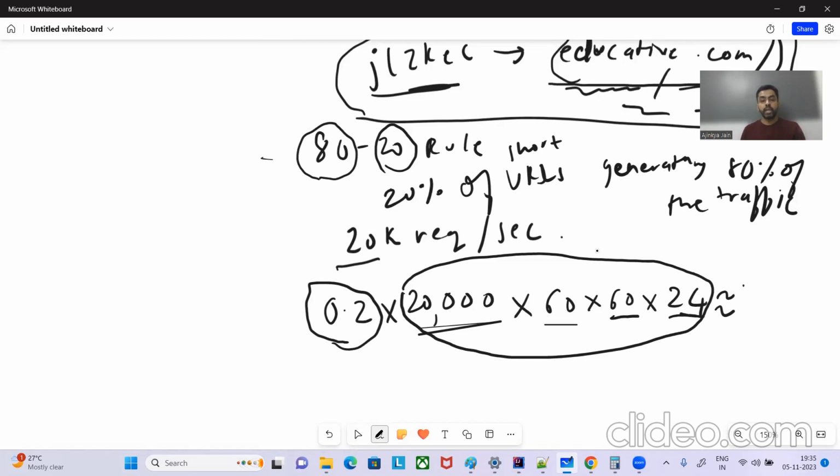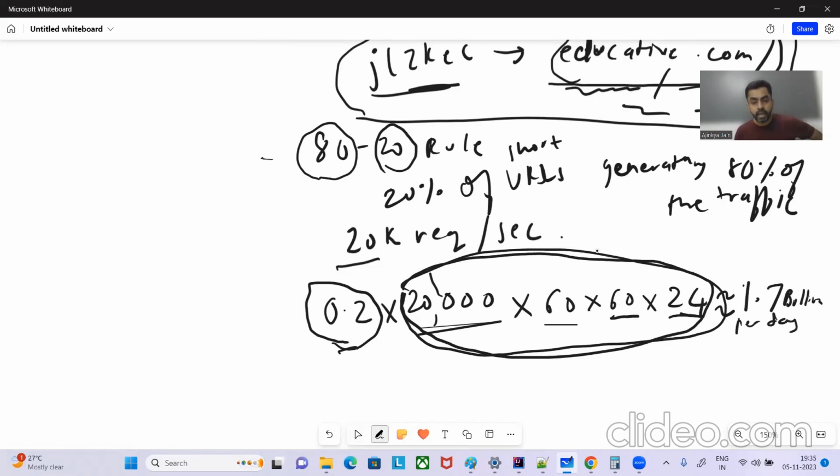We want to cache 20% of the read traffic into a cache. So this comes around 1.7 billion requests per day.